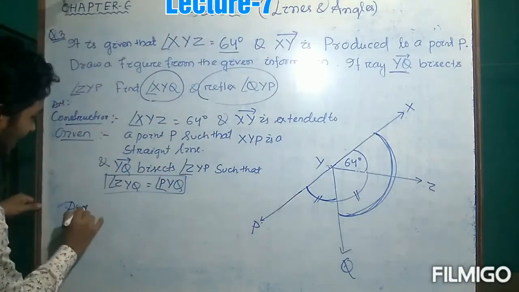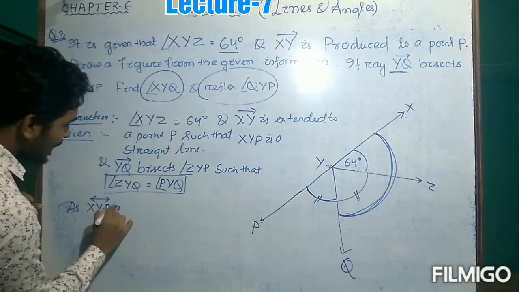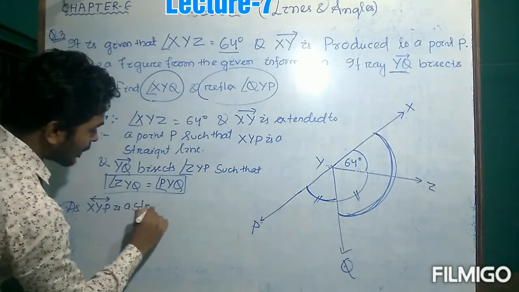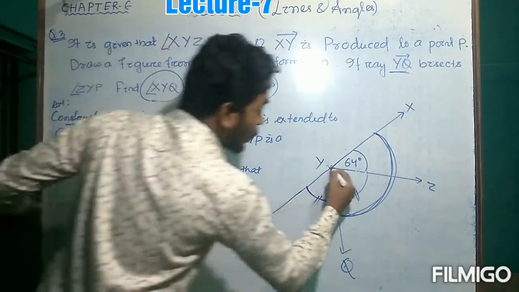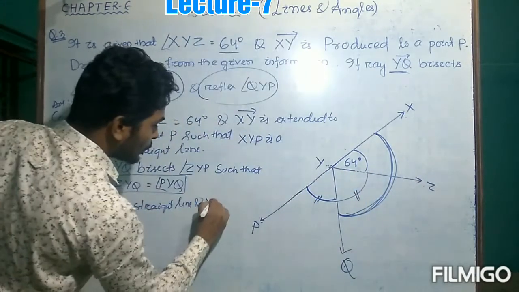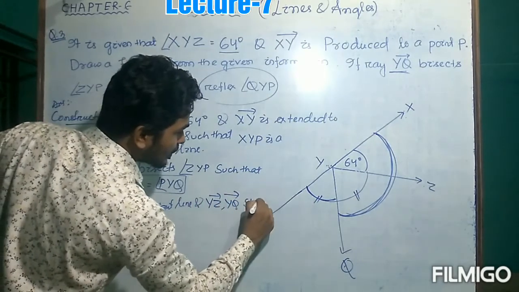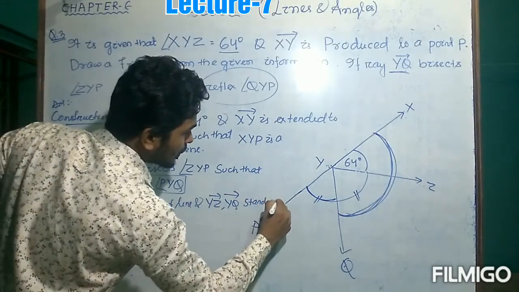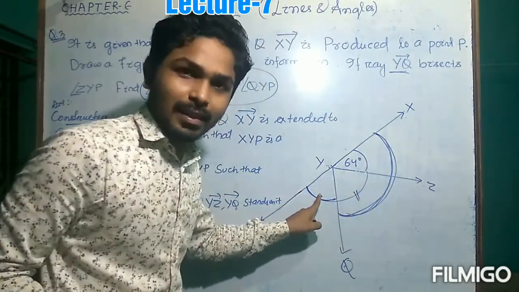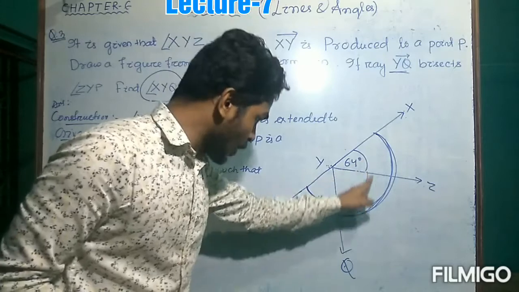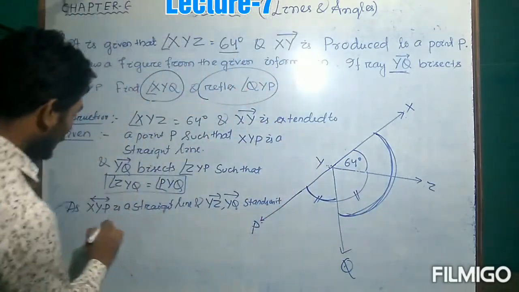So write it as XYP is a straight line and YQ stands on it. So all the angles formed, three angles are formed, right? 1, 2, 3. Then the sum of all these angles must be equal to 180 degrees.